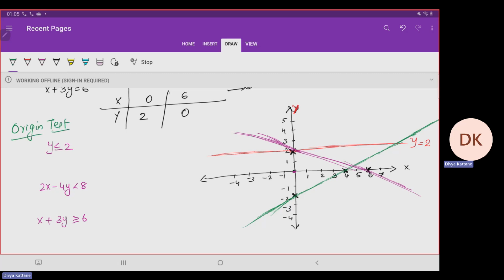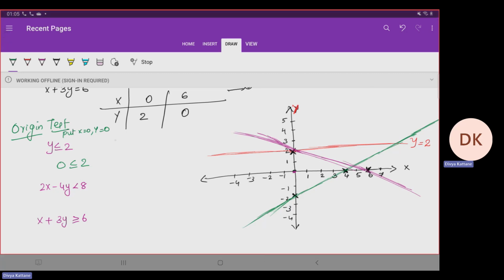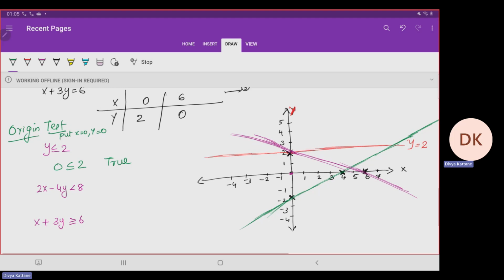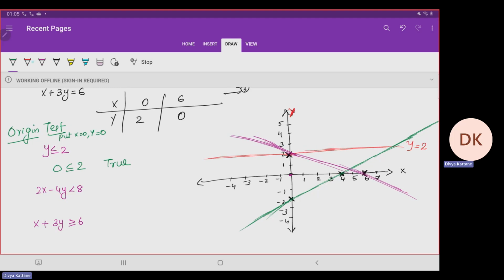Origin test means put x equal to 0, y equal to 0 in each inequality. So here only y is there. When you put y equal to 0, you will get 0 less than or equal to 2. Which is true or false? Surely 0 is smaller than 2, no? So this is true, which means the point (0, 0) will be inside this inequality.